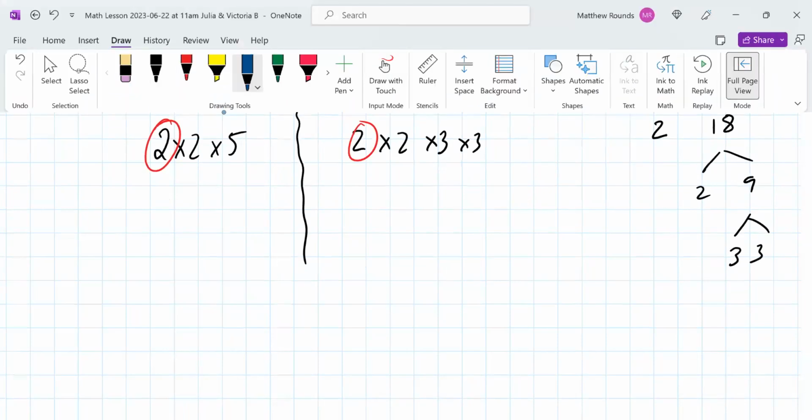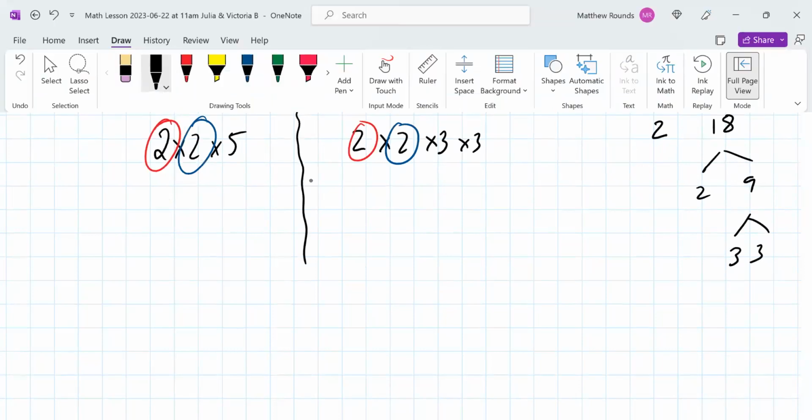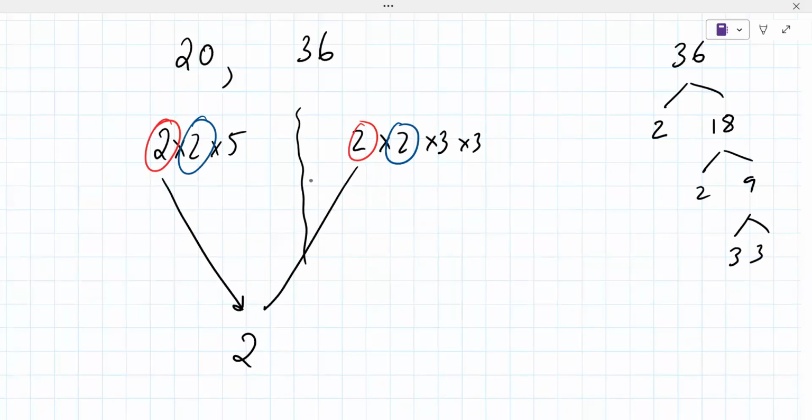So 16. No, so you grab, that's a 2, and then you grab there's another 2 that's the same. So whatever is the same, you grab. So 4. I thought you had to add all the 2s.